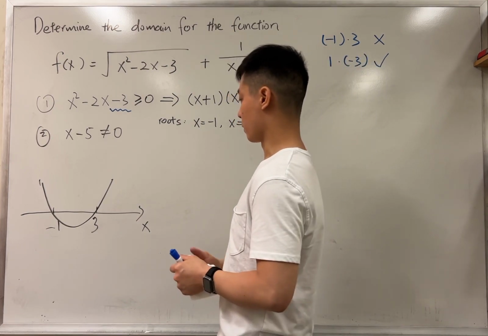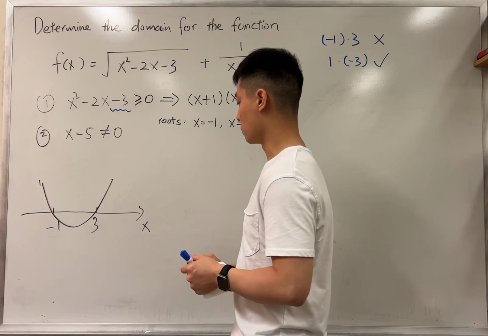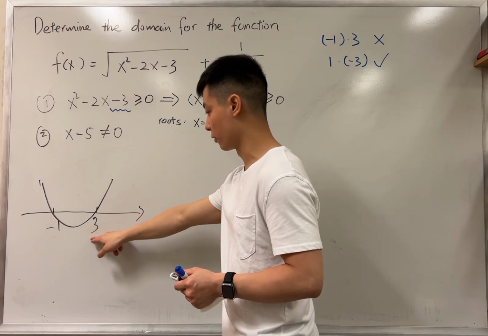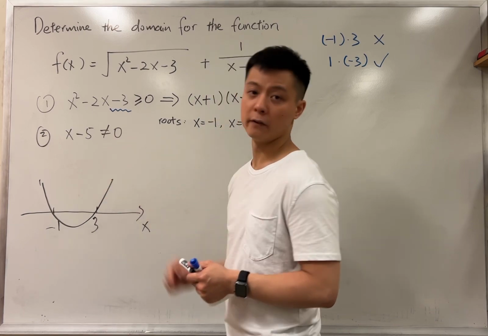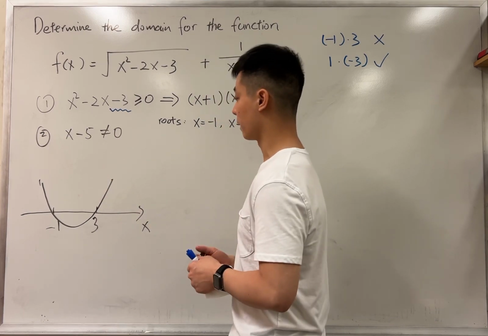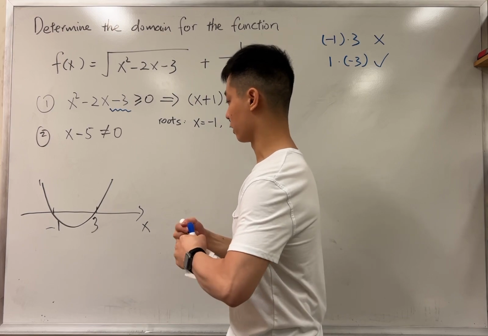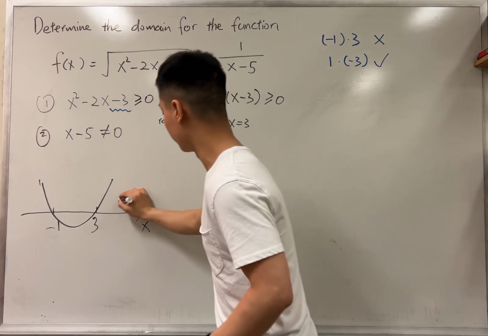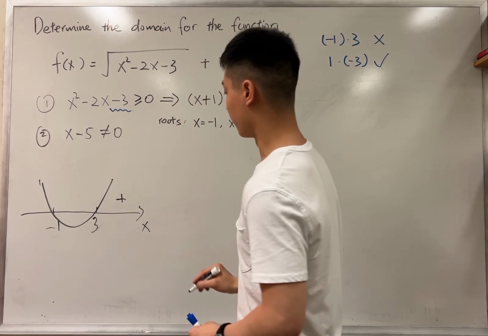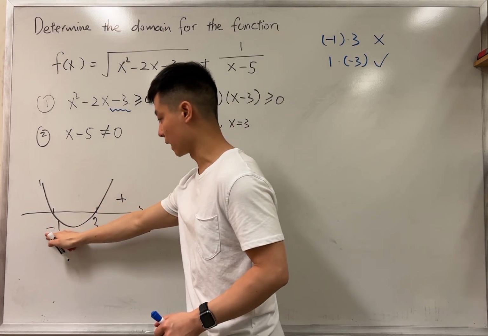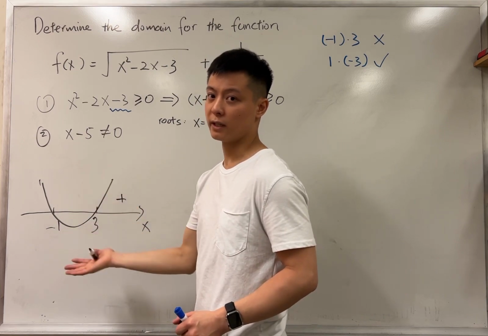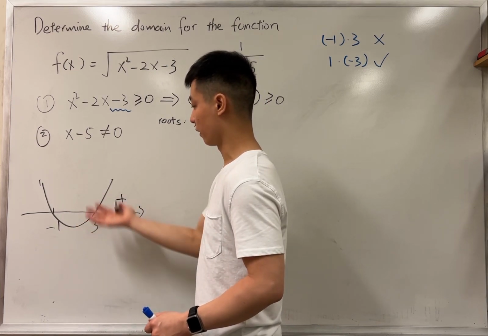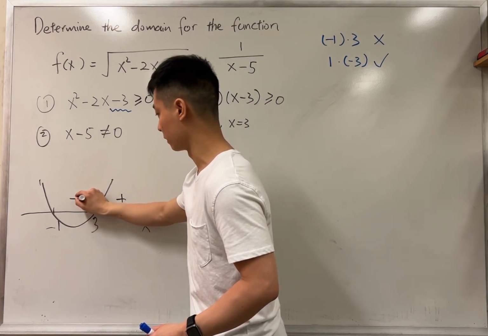Okay, so after we draw this function, we see on the interval from 3 to infinity, the curve is always above the x-axis, which indicates that the function is going to have positive value. And then on the interval from negative 1 to 3, we see the curve is below the x-axis, which tells us that the function has negative value.